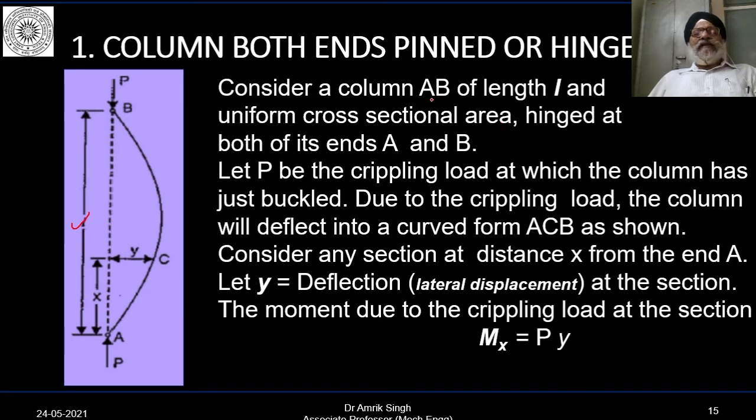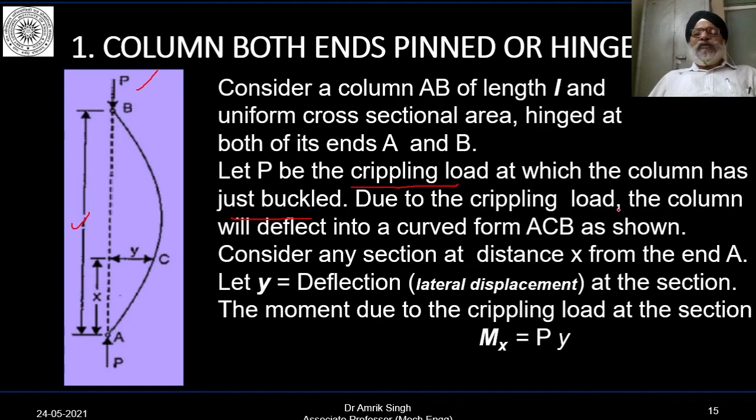So let us consider a column of length L and a uniform cross-section area which is hinged at both ends A and B. Let P be the crippling load at which the column has just buckled.